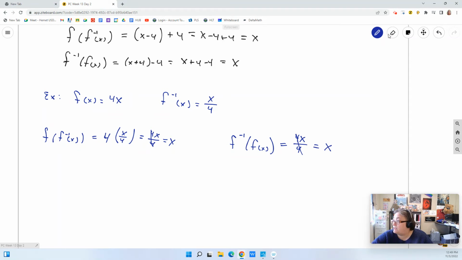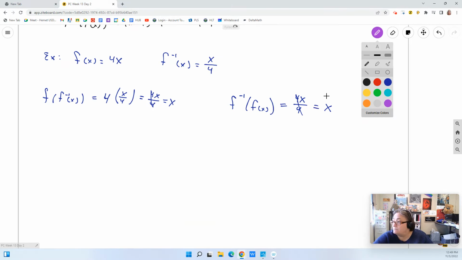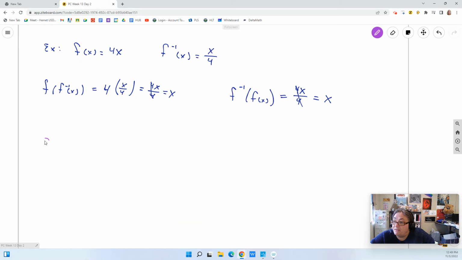I'm not going to do this whole next problem, but what if I was given f of x equals 1/5 x? What would you assume in this case the inverse function would be? Here I'm technically saying that we have x divided by 5, right? 1/5 x is the same as saying x over 5.